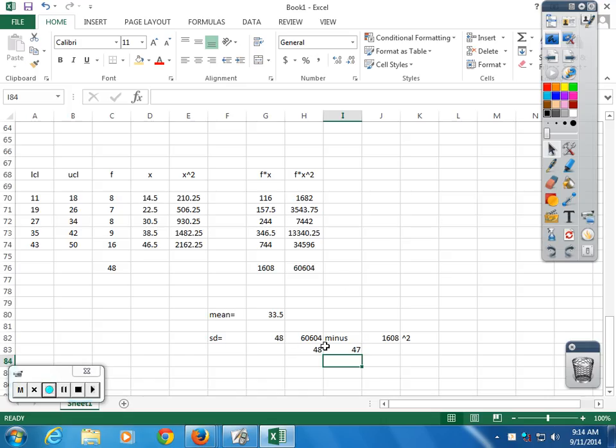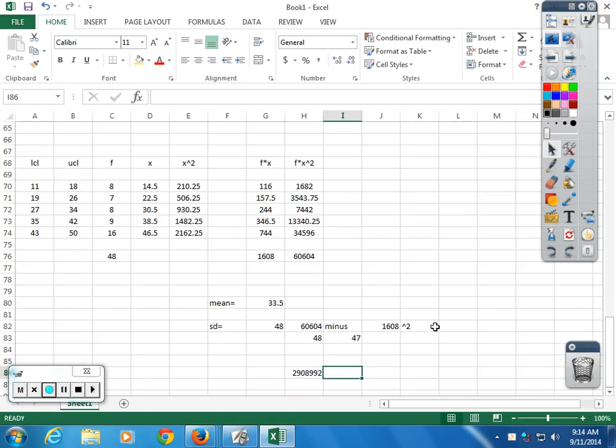So this is what, when you plug the numbers into your formula, that's what it should look like. Now we're going to multiply 48 times 60,000. That's going to be a big number. Minus the other number, which is not going to be as big as this one.